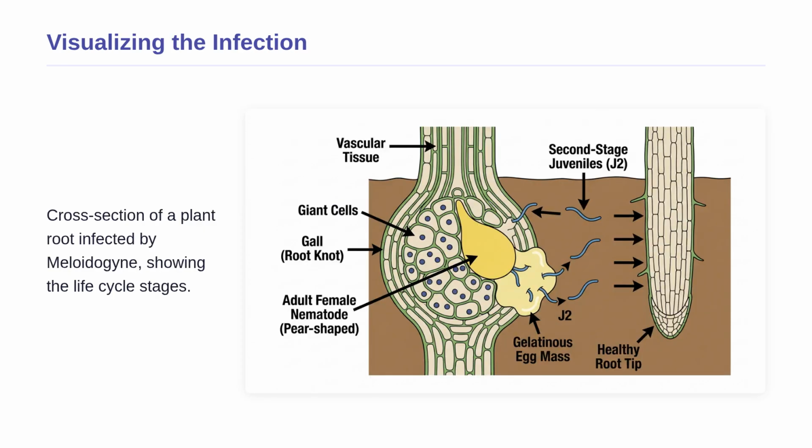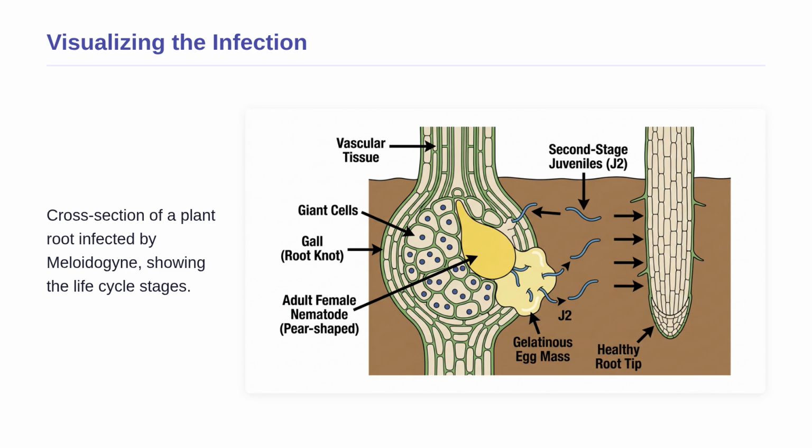Let us visualize everything we just discussed with this diagram. On the right, you can see the thread-like second-stage juveniles in the soil, migrating toward a healthy root tip. Once inside, look at the center of the image. You can clearly see the swollen gall, or root knot, disrupting the normal vascular tissue.